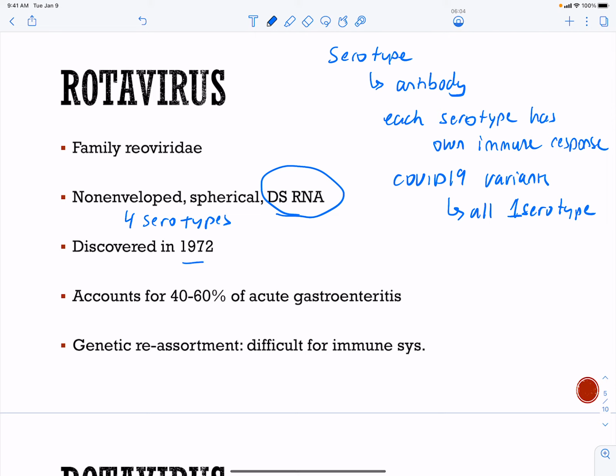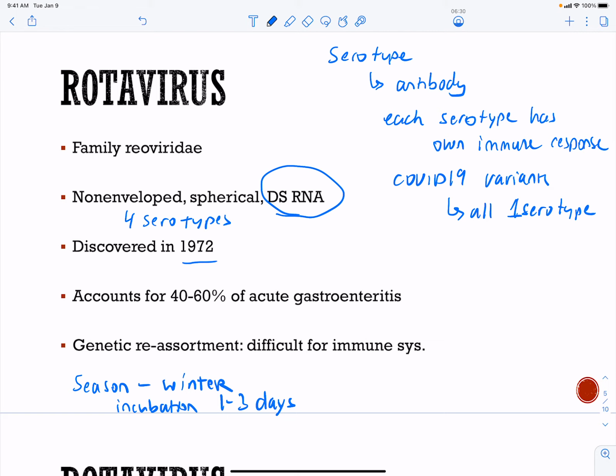It was discovered in 1972. It's going to have some seasonality. It's usually in winter that you're going to see the infections. The incubation is going to be 1 to 3 days. And then you're going to clear the infection, so it's very quick.